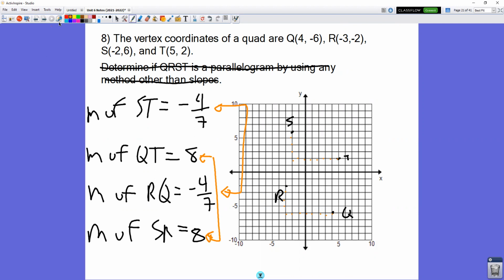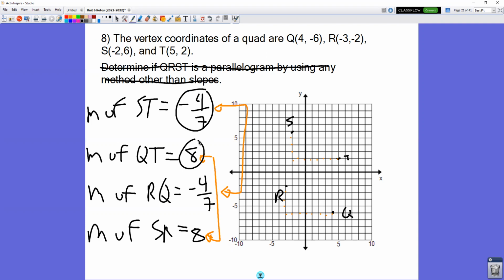Now let's go over something that we're going to need in a future lesson. Because we know this is a parallelogram, the question is, can we upgrade this to a square or a rectangle or anything like that? Well, this is not a rectangle because the slopes of the sides that are touching, ST and QT, are intersecting. Well, 8 and -4/7 are not opposite reciprocals.